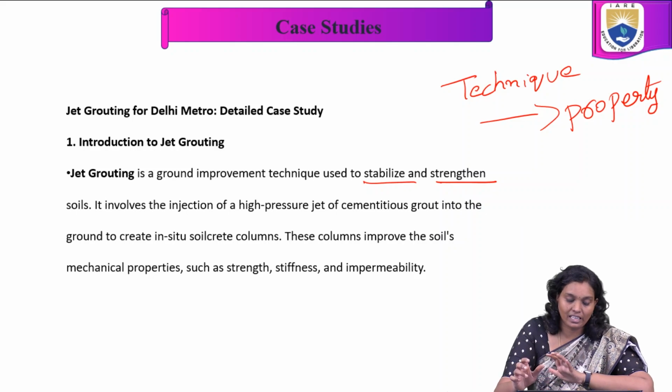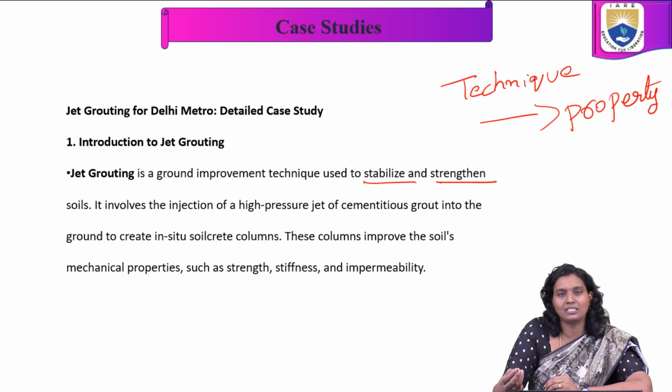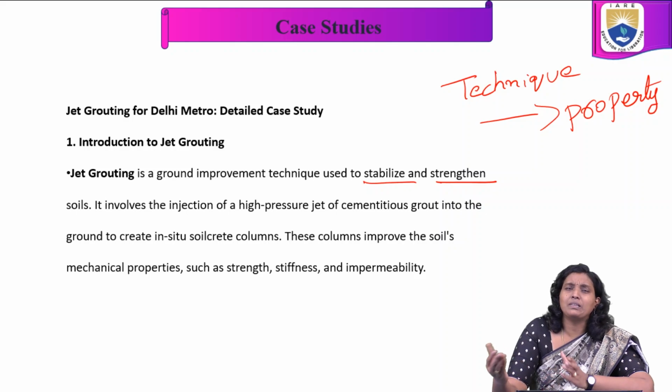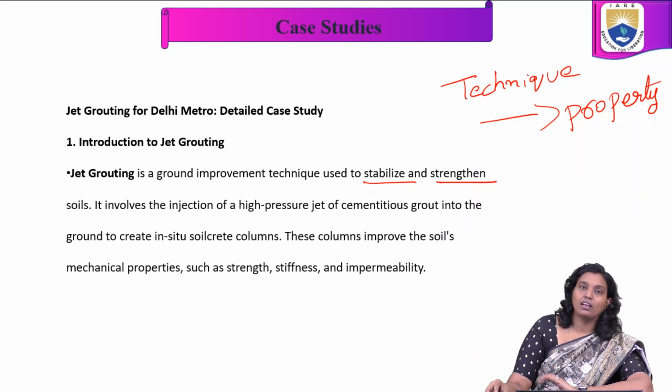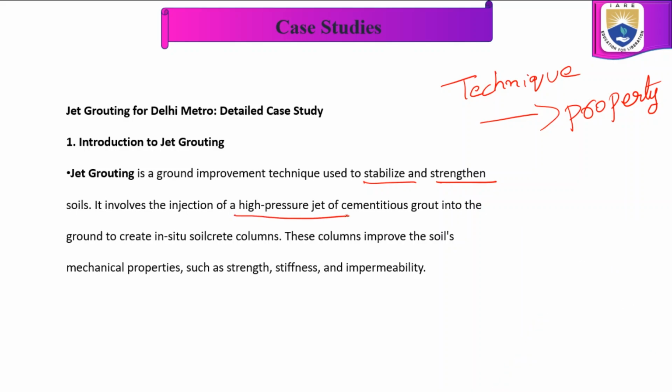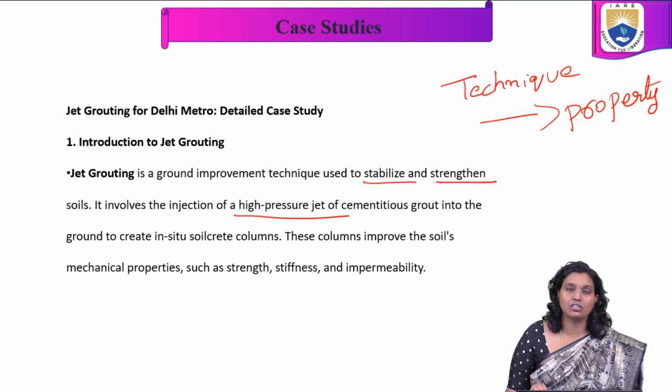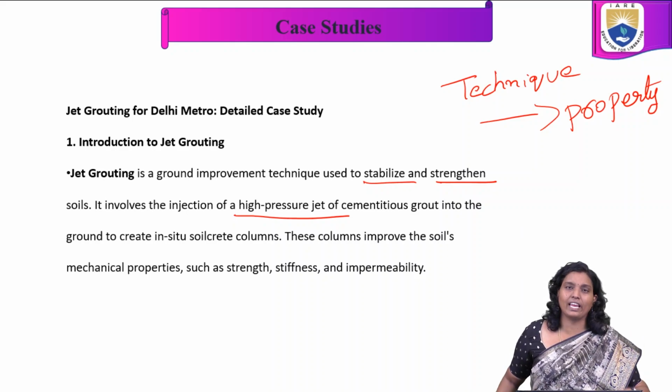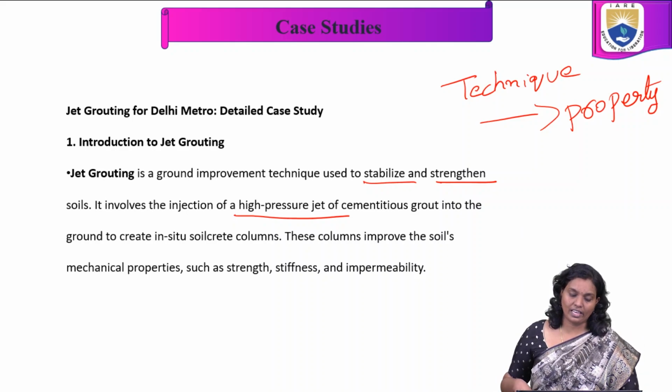It involves the injection of a high pressure jet of cementitious grout into the ground to create in situ soil-crete columns. It depends upon the type of the project. Jet grouting is a high pressure jet involving cementitious grout injected into the ground to create in situ soil-crete columns.